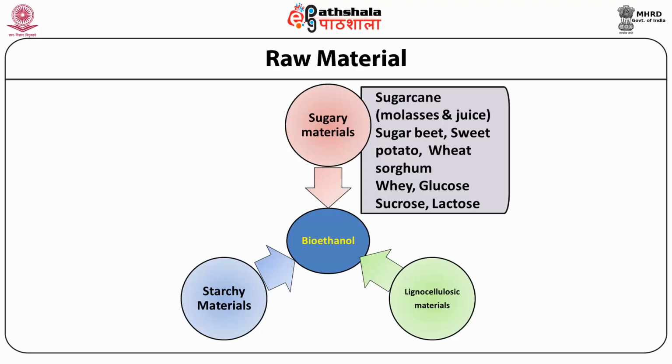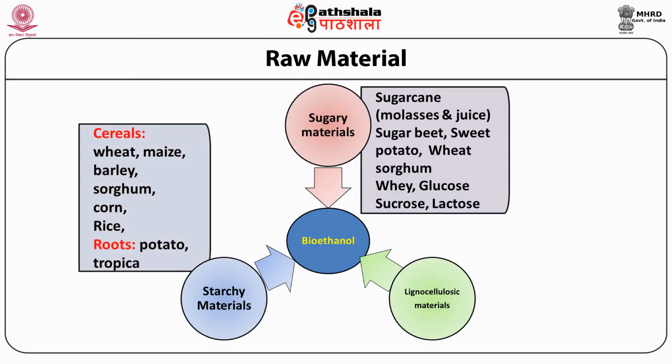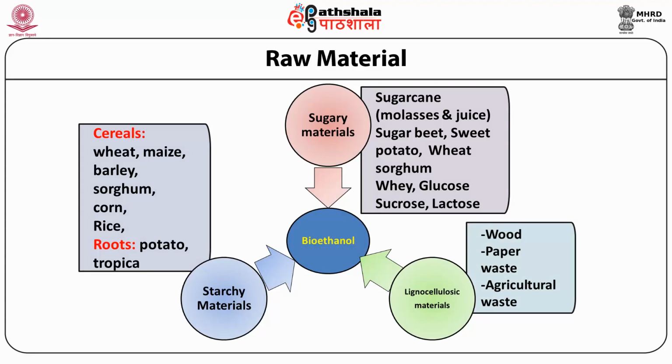The starchy materials include cereals, which are wheat, maize, barley, sorghum, corn and rice, and roots such as potatoes and tapioca. The lignocellulosic materials include wood, paper waste, agricultural waste, and other lignocellulosic waste.